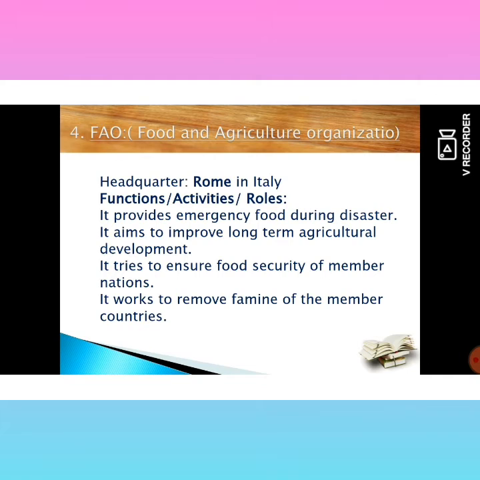It provides emergency food during disaster. During disaster, FAO provides emergency food across the world. It aims to improve long-term agricultural development across the world.